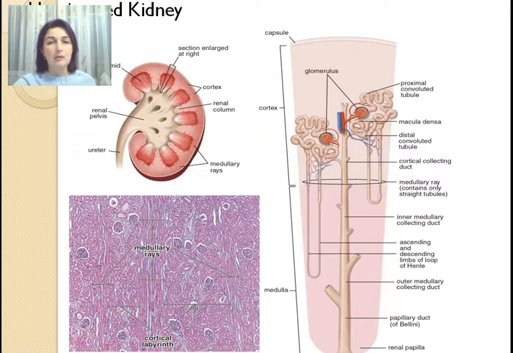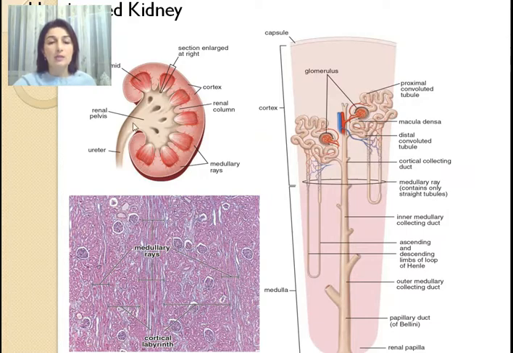So let's talk about the structure of the urinary system. The two kidneys, two ureters, urinary bladder, and the urethra together form our urinary system. Looking at the structure of the kidneys, we can see that each kidney has a bean shape, with convex and concave sides.